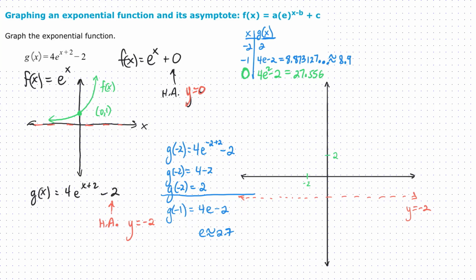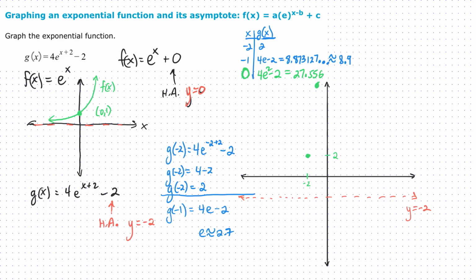Let's go ahead and plot some ordered pairs. We have negative 2, 2. And we also have negative 1 and 8.9. So I'm actually right about here already.